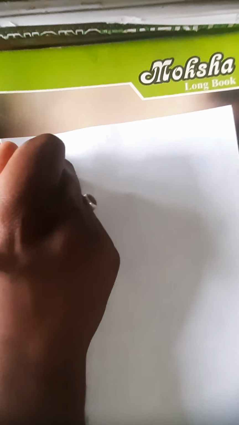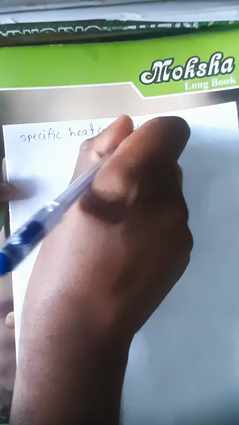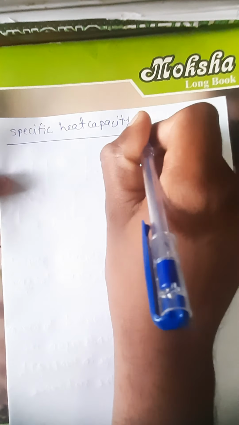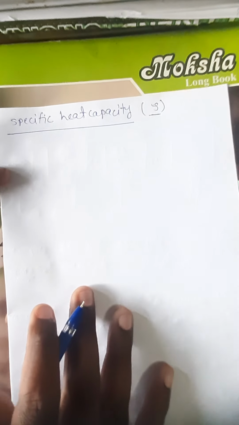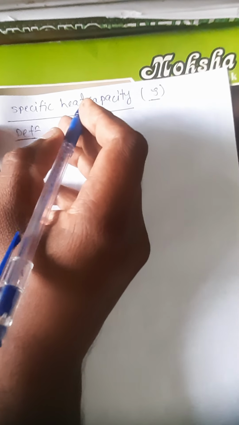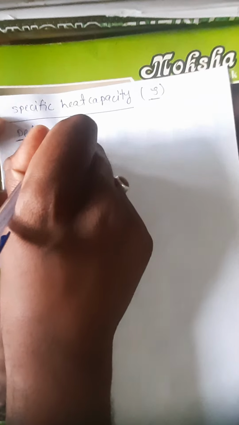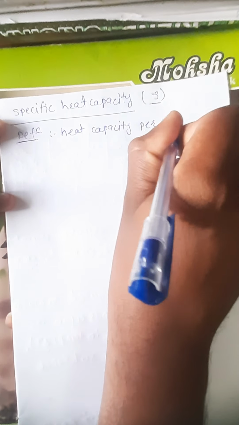Now, next point, specific heat capacity. Specific heat capacity is denoted as small s, and it is defined as the heat capacity per unit mass.